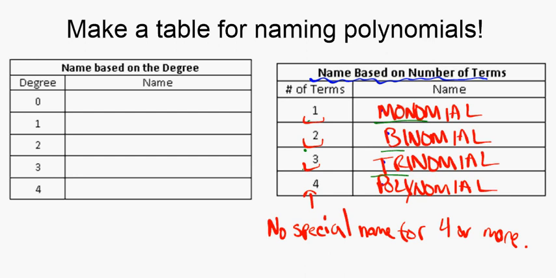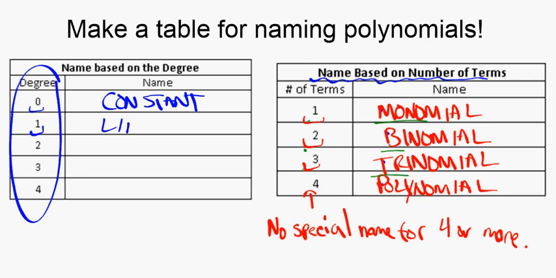Now, these I've talked about in class, but I did not give you any notes on these in the video or in your packet yet. But when the degree is 0, we call it a constant polynomial. If the degree is 1, we call it linear.